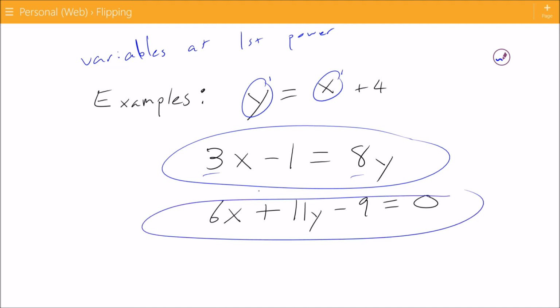Again, the format is a little bit different, but I still have my variable 1, variable 2, and then I've got a constant. I could have something else in here easily, like 12s minus 13r equals 8. That also would be okay. That is a linear equation.